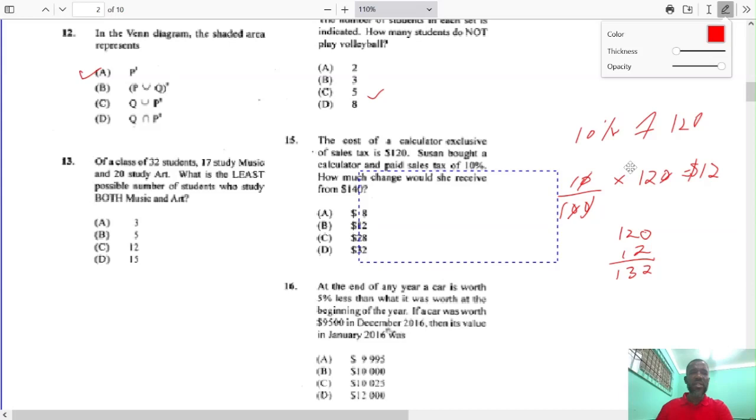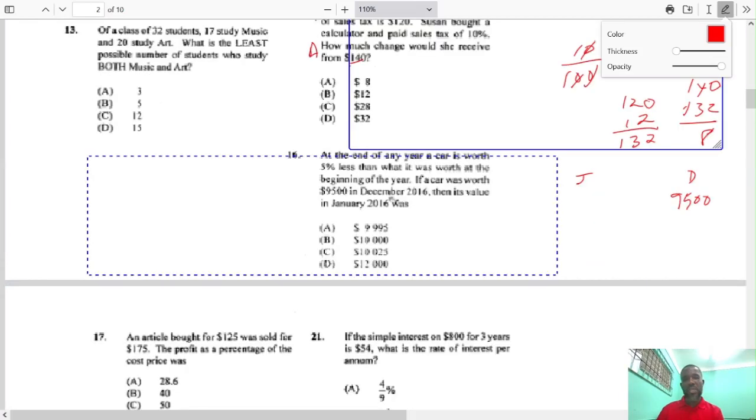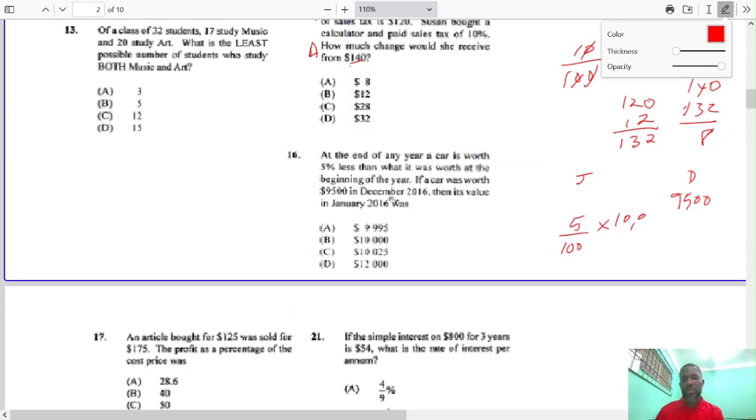If you subtract $600 from $12,000, that will not give you 9,500. We work the same thing with all of them, but we're going to just zero in on B now. So if I say 5% of 10,000, so 5 over 100 times 10,000, that will give me $500.